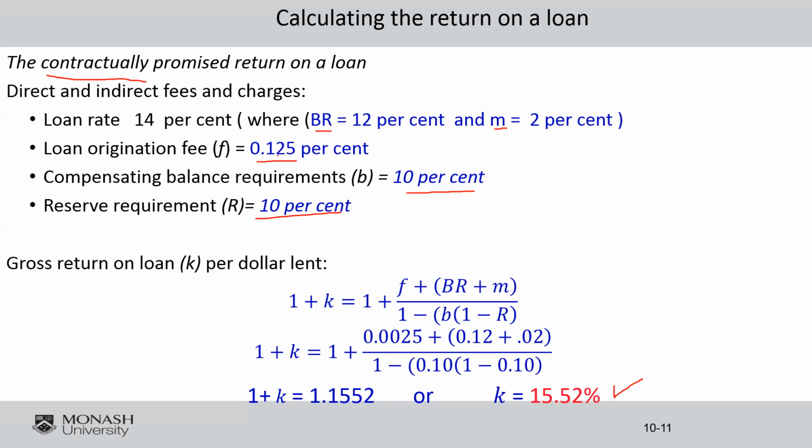This is actually 14.125, 14.125. But when you calculate it, because they charge us for the reserve, and also because of the compensation balance, if we put it into the formula, which is here, this is increasing the K, and therefore the K is this amount.